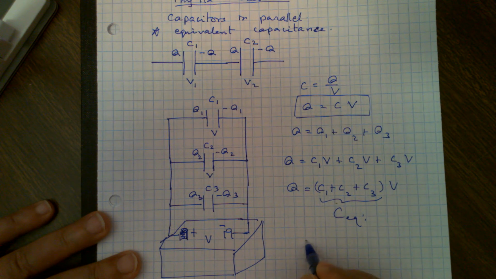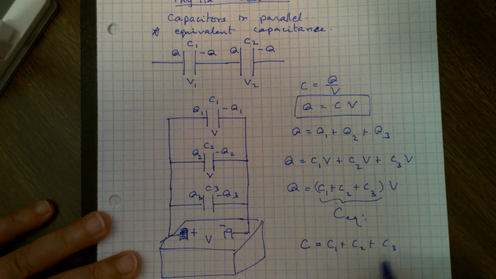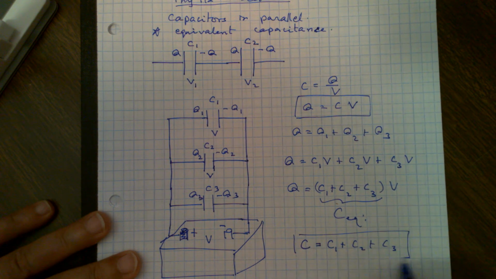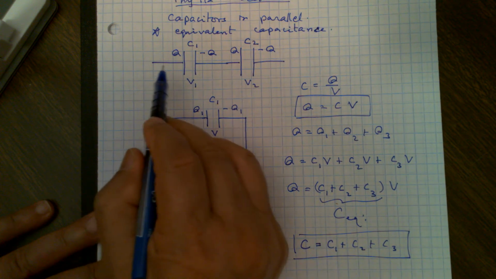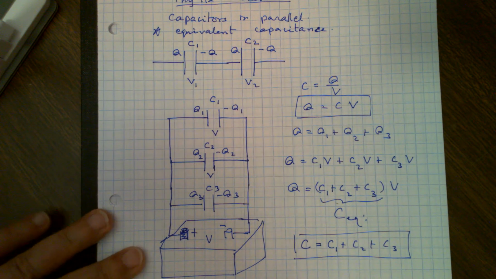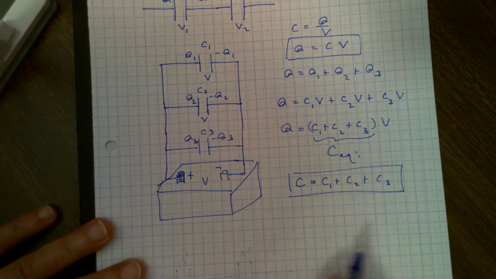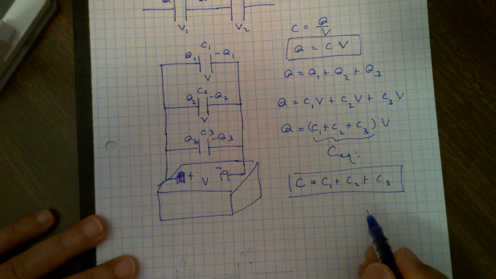So our formula for equivalent capacitance for capacitors in parallel will be C1 plus C2 plus C3. So it's easier, not like the business of capacitors in series. You don't have to do 1 by C equals 1 by C1 plus 1 by C2 and so on.